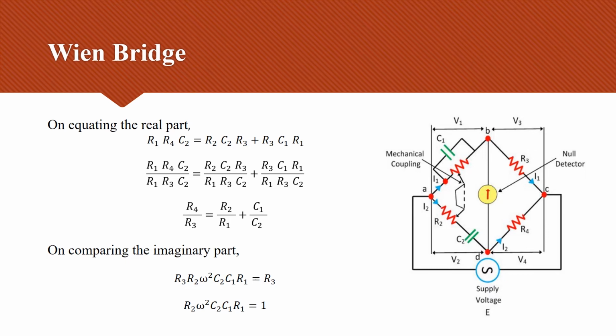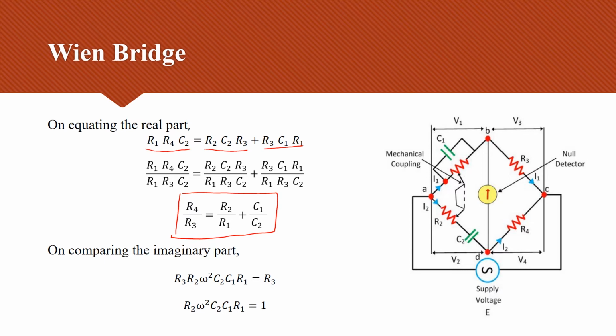So on equating the real parts, we get R1 R4 C2 is equal to R2 C2 R3 plus R3 C1 R1. So from here we get R4 over R3 is equal to R2 over R1 plus C1 over C2, just by simplifying this equation.